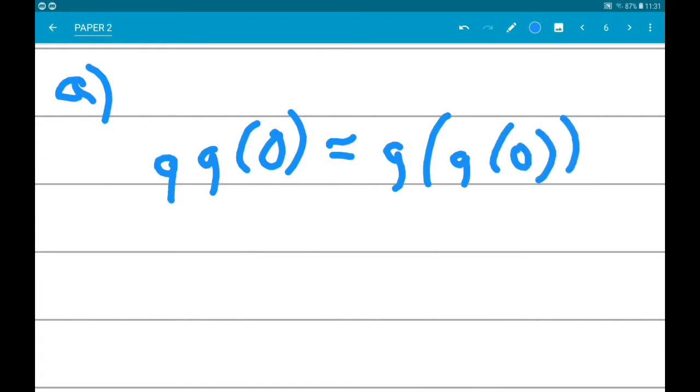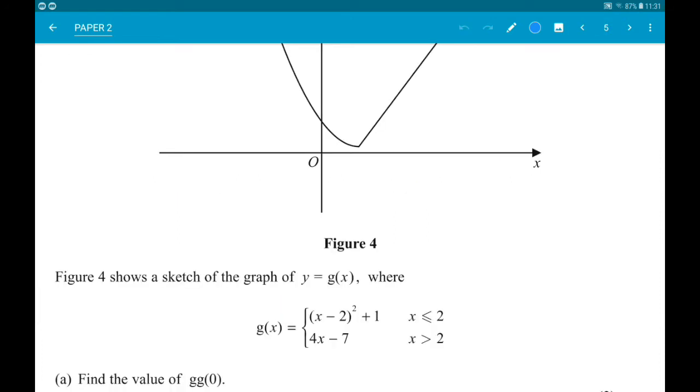So, g of 0 is going to be minus 2 squared add 1. So that's 4 add 1, which is 5.